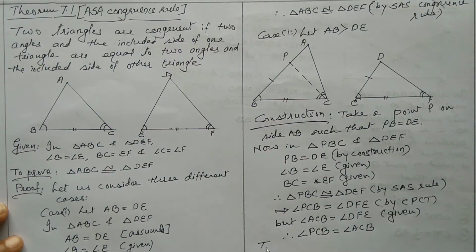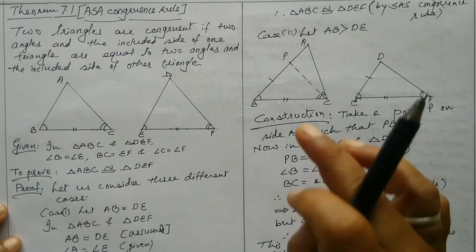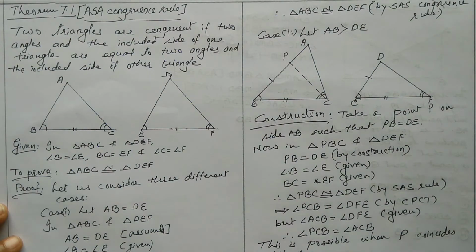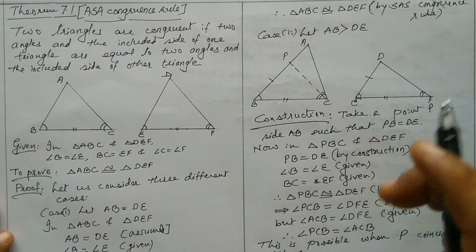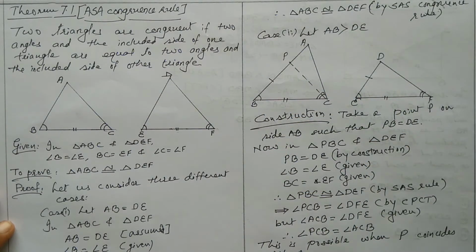See here, this is possible when P coincides with A, and when P and A coincide, it implies that AB is equal to DE.